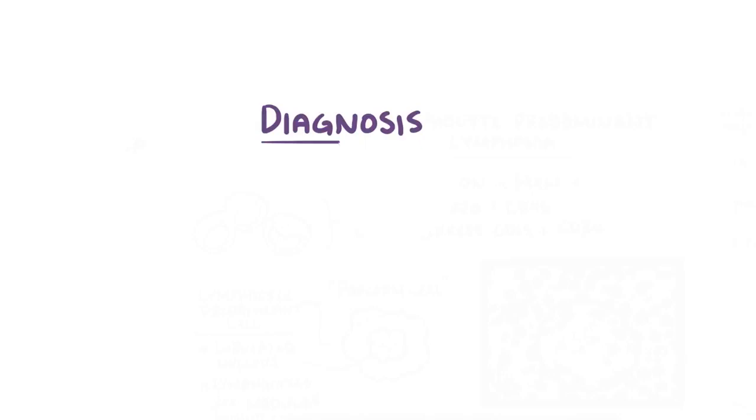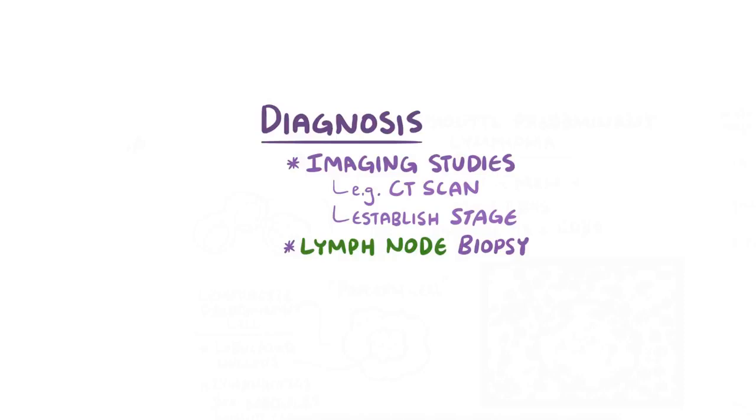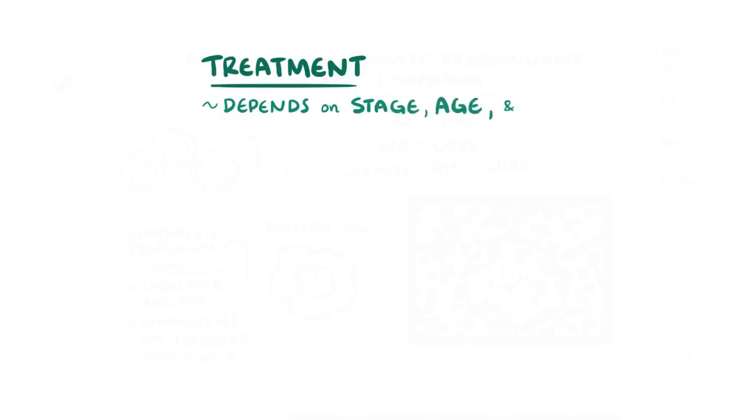For diagnosis, identifying Hodgkin lymphoma often starts with imaging studies, like a CT scan, which can help establish the stage of a lymphoma. Also, a lymph node biopsy is required for diagnosis. The treatment of classical Hodgkin lymphoma depends mostly on the extent or stage of lymphoma, as well as other factors like age and general health of the individual, and other illnesses they might have.